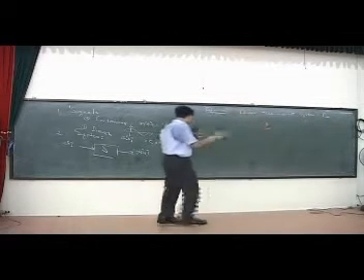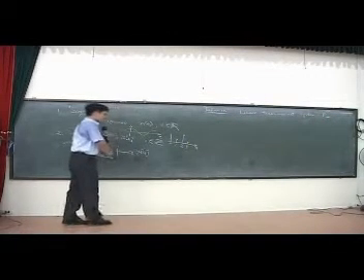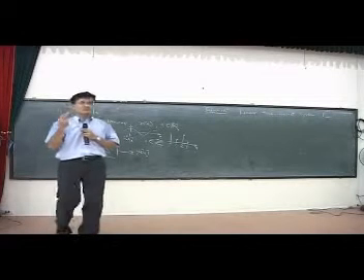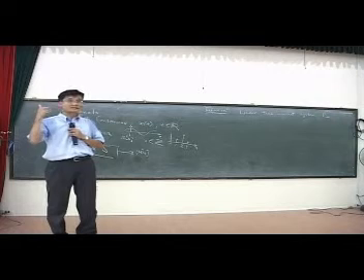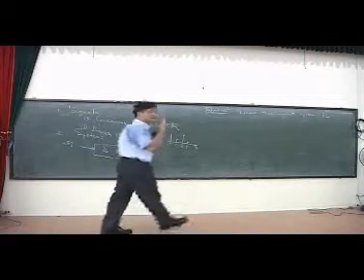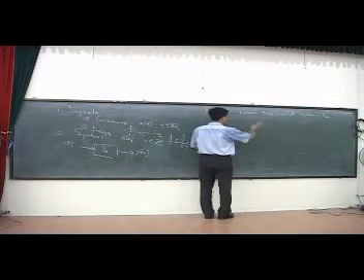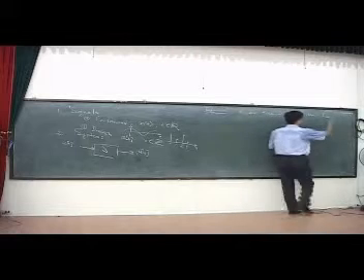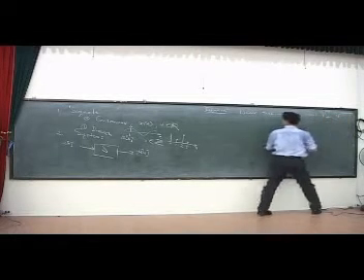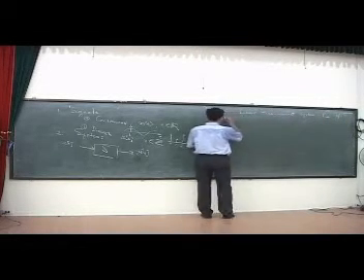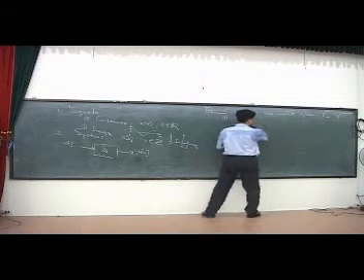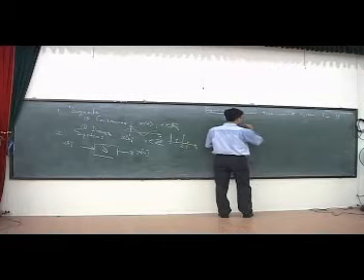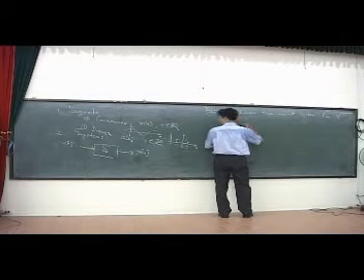So I have a system S, like this black box. But now I'm going to assume that it satisfies two properties. One is linear, two is time invariant. The first is linear.